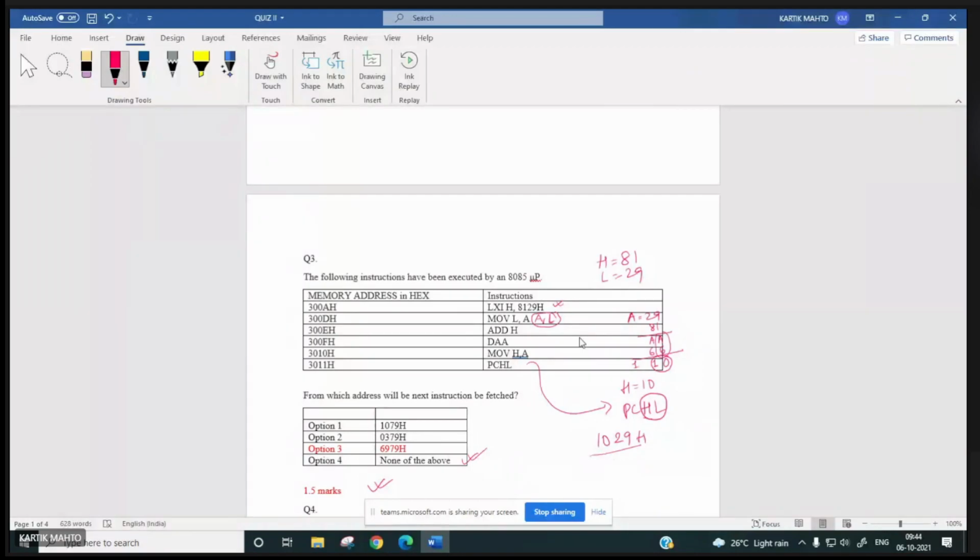So 6 will be added. A is what? 1010, 1010, and 110. This will be added. 110. This will be added. So 0, 0, 0, 0, 1.